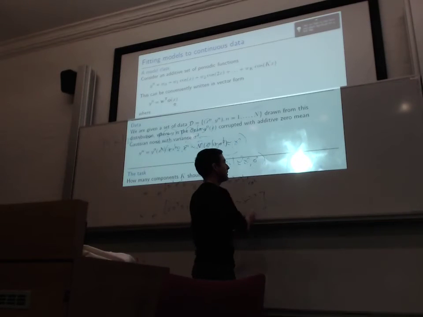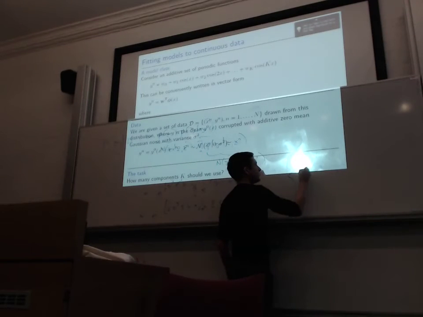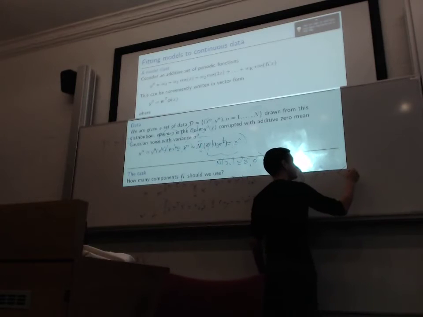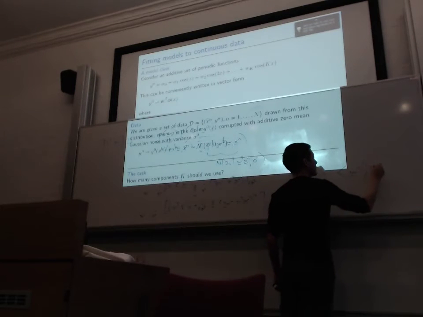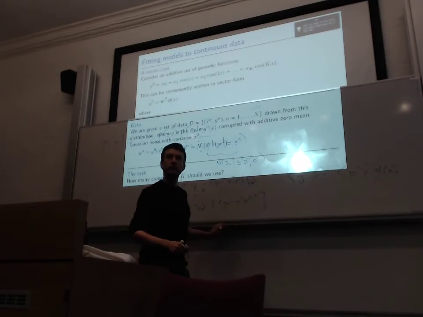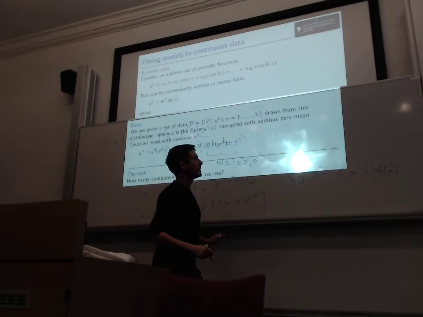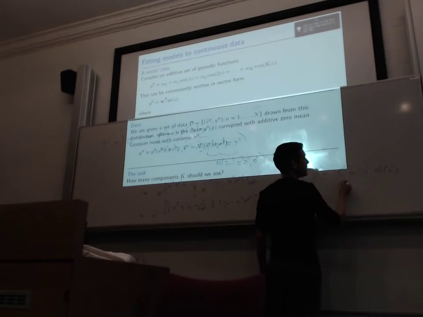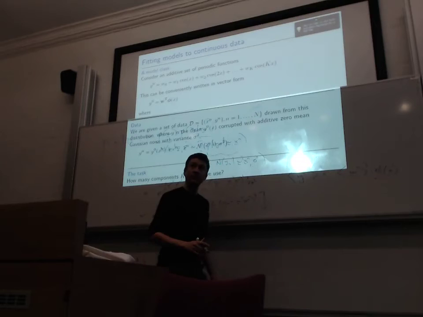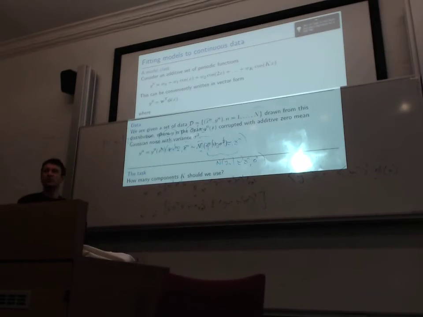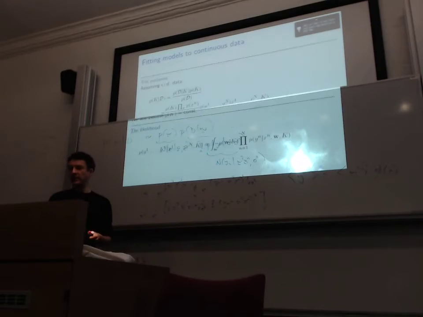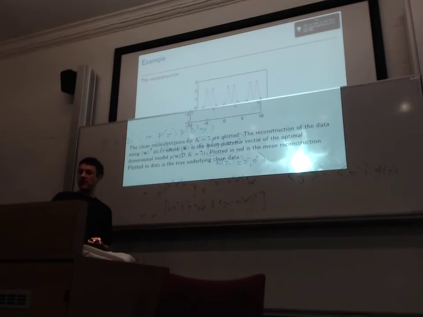So the expected reconstructed signal is given by the expected W transposed times phi. Okay. So what I can do is plug in my Gaussian posterior mean, and then I can reconstruct my expected clean signal. And that's what I did here.